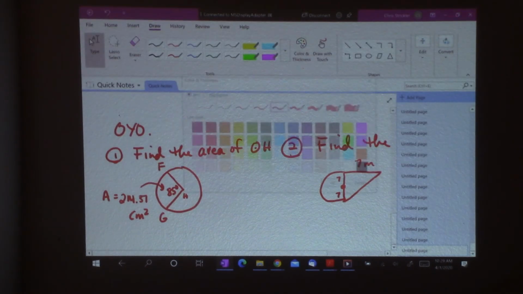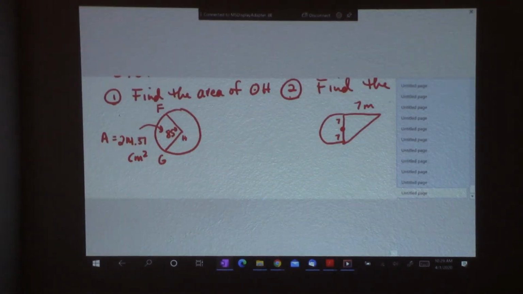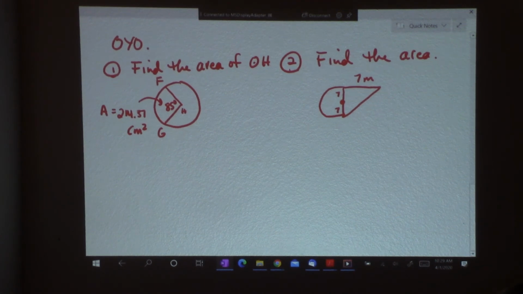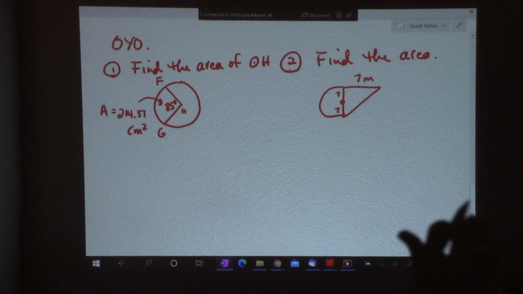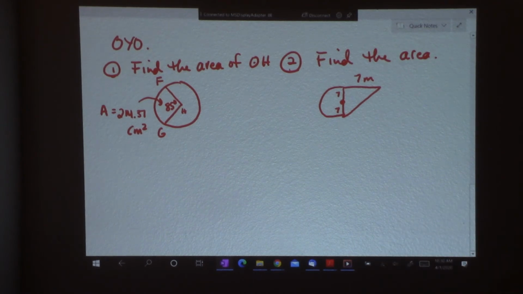Okay. So let's figure this out, seeing what you did. So I have the area of the sector over the area of the circle equals, now I can put my numbers in.